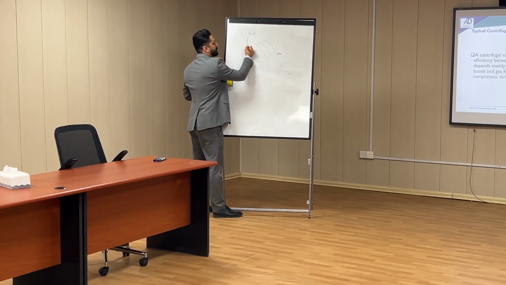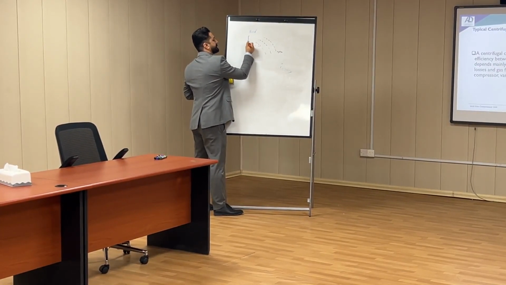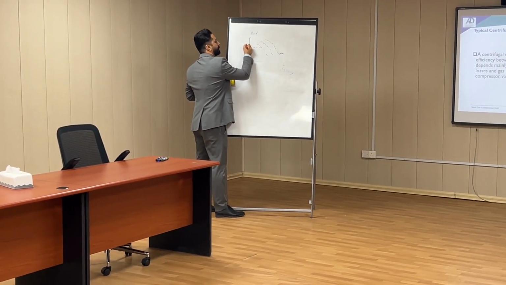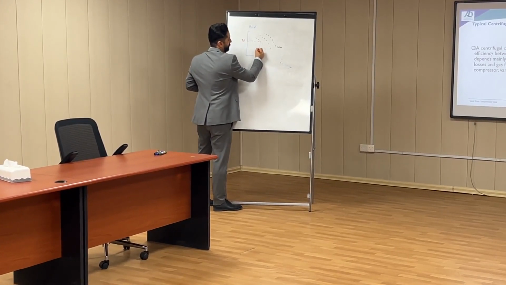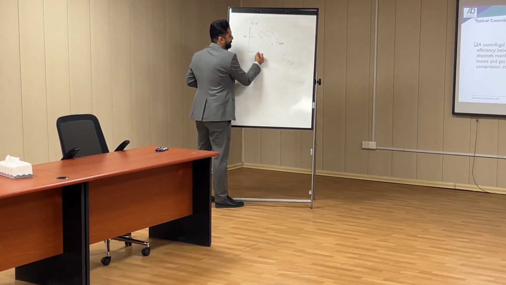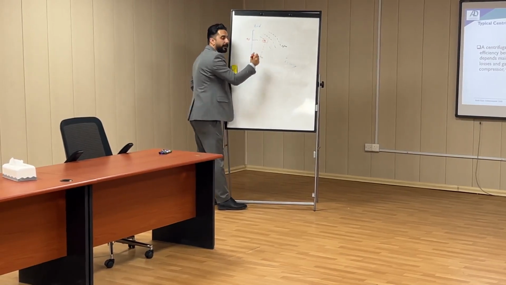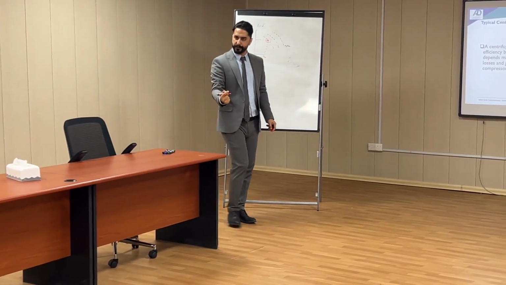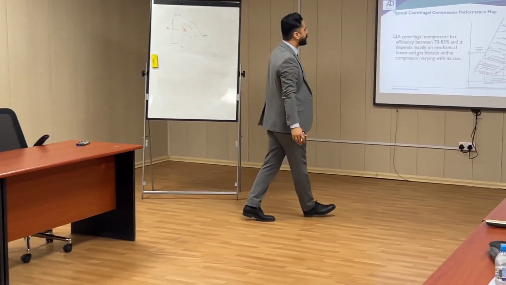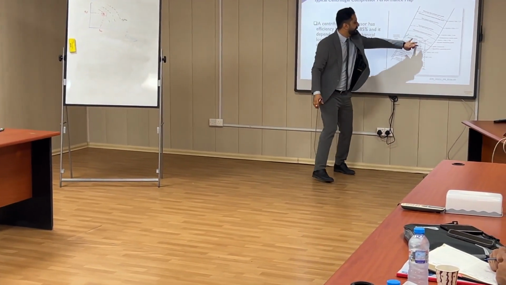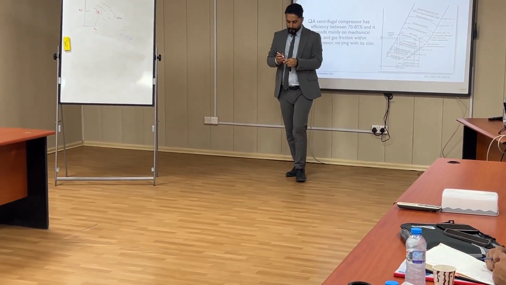If I know everything about the working point of the compressor, I can find the point. For example, I can check that the head is about 10. If I know the capacity, this point we call the working point of the compressor. And the working point should be in this area. Look at this line.